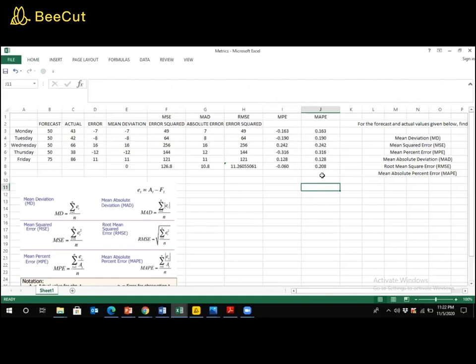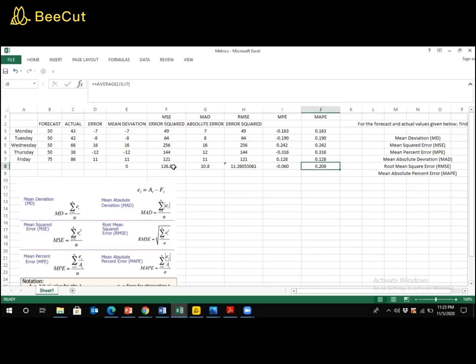Usually it's for MAPE that the question may say give it in percentage. And if it says give it in percentage, then you just multiply this by 100. So if it says give it in percentage terms, the MAPE would be 20.8%. If it doesn't ask you to give it in percentage, then it would just be 0.208.